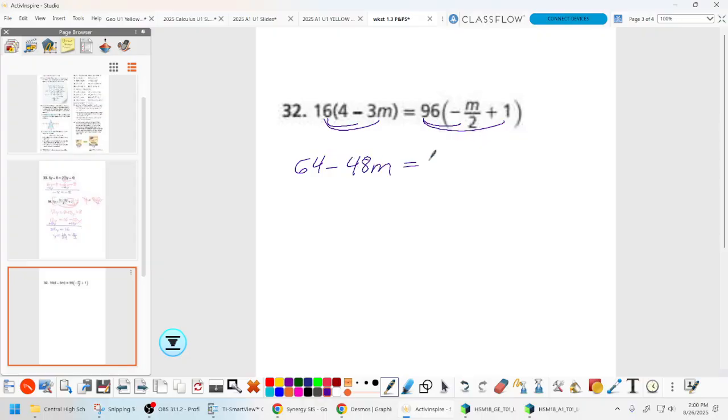Okay, again, I'm telling you to divide first. 96 divided by 2, and then multiply by the numerator, which is negative m. So what's 96 divided by 2? Yep. 48 times negative m is just negative 48m. And then we get 96 times 1 on the other side. Alright, now what? Aliana, what would you do next?